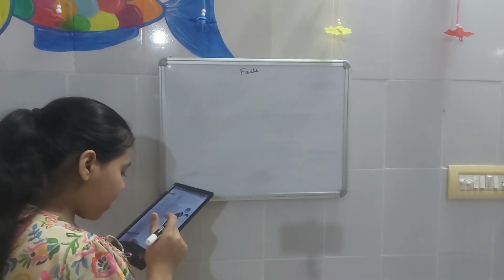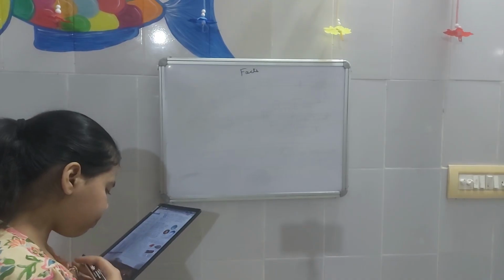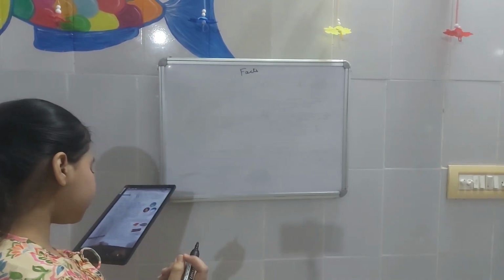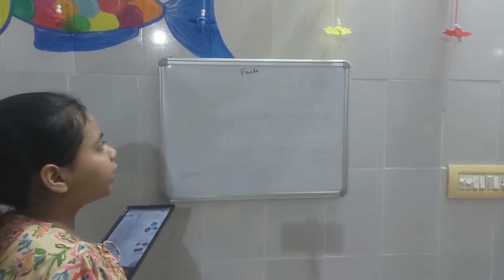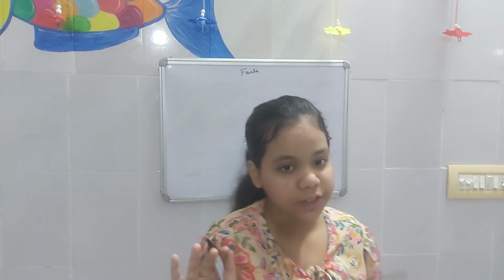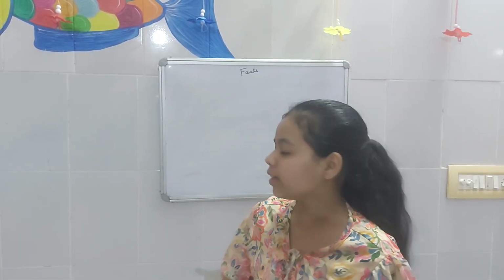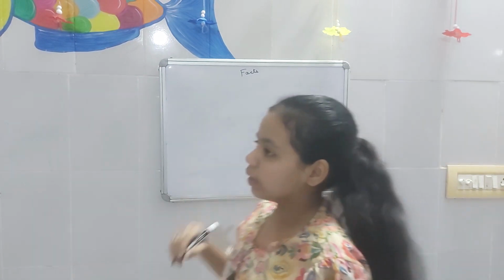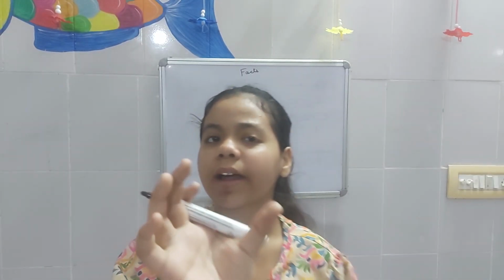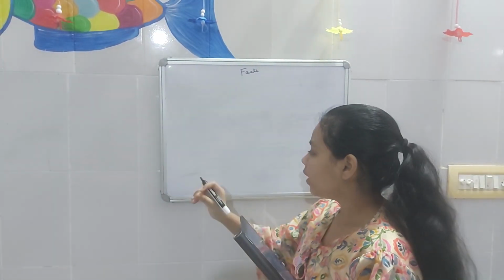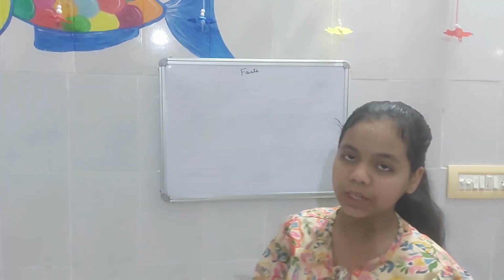The first fact is that most of the objects we see are non-luminous objects. This we know, right? You must be thinking why I haven't taken the name of the moon.